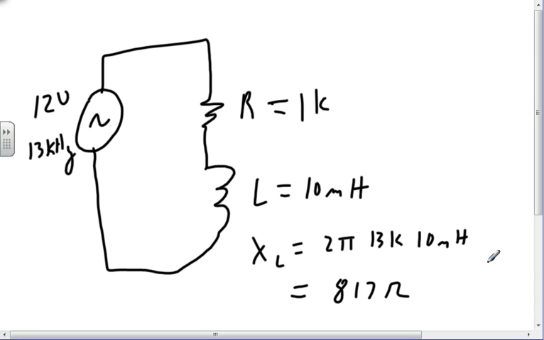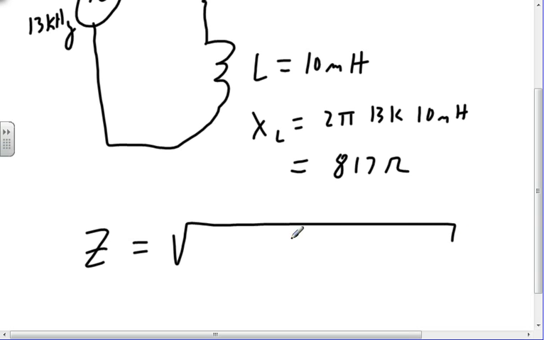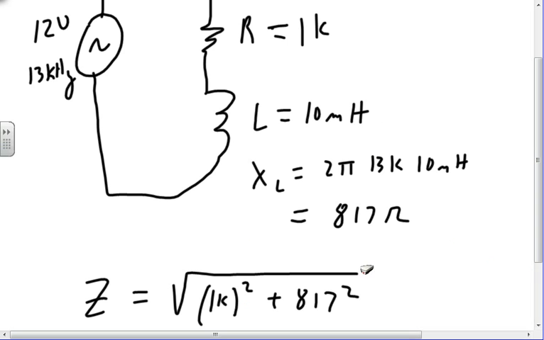817 ohms. So I've got an impedance that is going to be the square root of 1K squared plus 817 squared. And we'll try to control our square root sign so that it's reasonably sized.